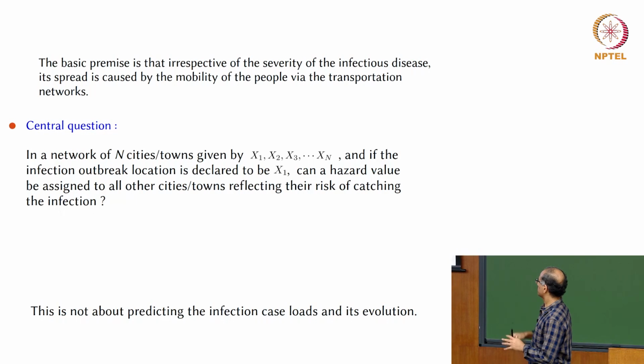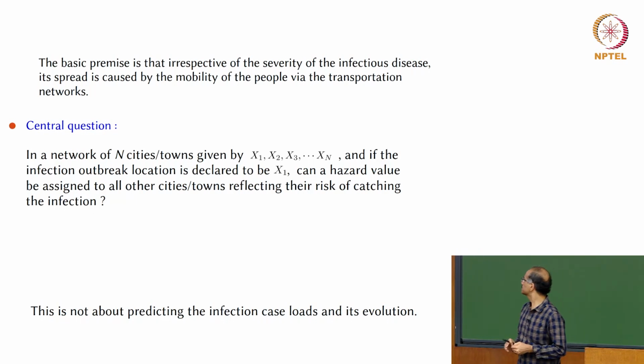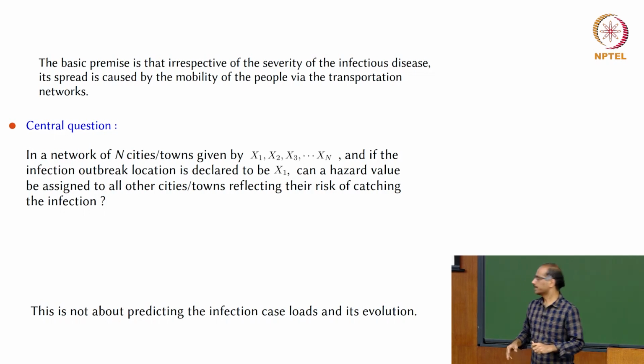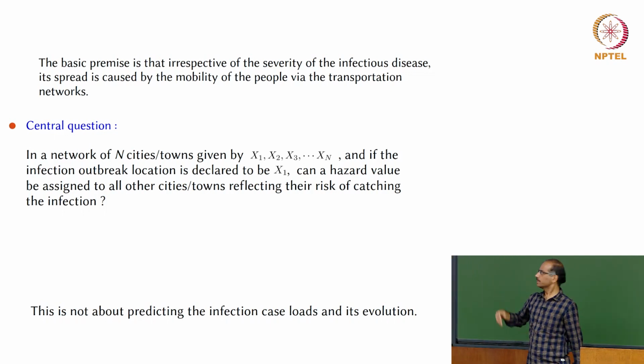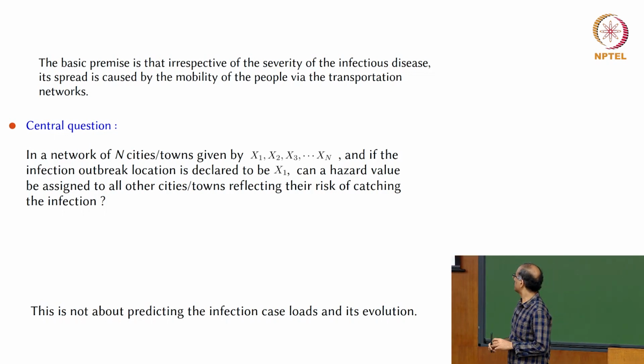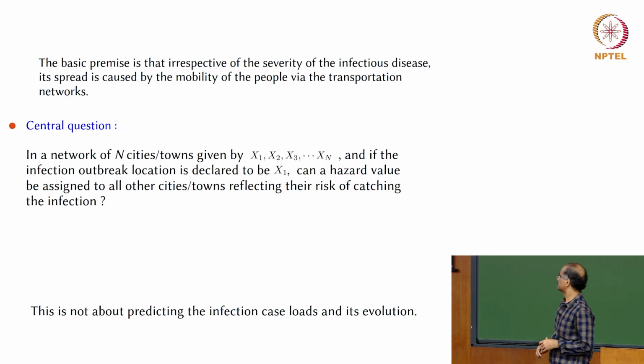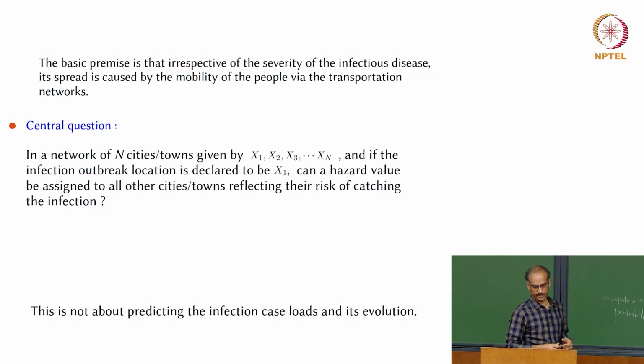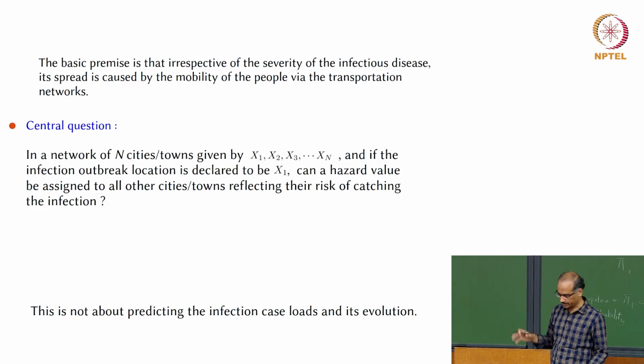So you can ask the question like this: if I have a network of n cities or towns, indicated by x1, x2 up to xn, and if the outbreak location is given as x1, for example, can a hazard value be assigned to all other cities and towns, which reflects the risk of them getting the infection. So again, this is not about predicting the case load and so on.